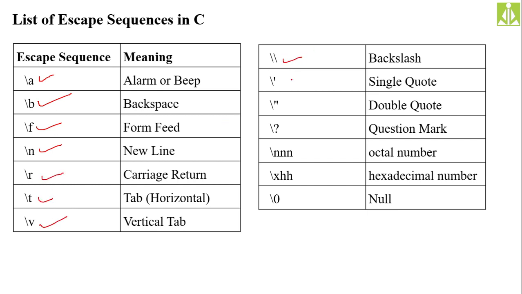This is to get a backslash, this is to get a single quote, double quote, this is to get a question mark, this is to get an octal number, hexadecimal number, and null character. All these things we use with the help of these escape sequences in order to get these special features into our program, or in order to format the output on your output screen. We use these escape sequences.